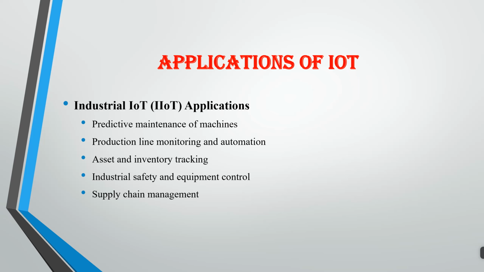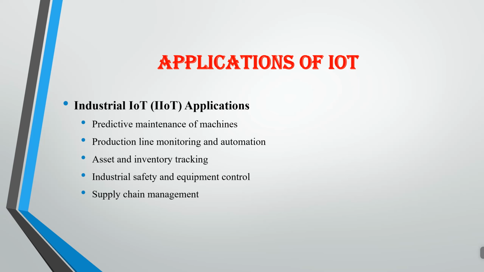Then comes supply chain management. IoT plays a very important role in supply chain management in identifying the chain of various activities from the supply till the delivery. Where is a particular item? How is it? We will come to know through various online applications. Suppose we place an order, we can track that order.